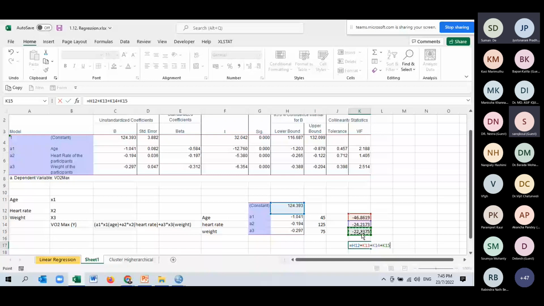Hello? No response. What is the answer for it? Any difficulty in computing this? So the VO2 max will be 31.